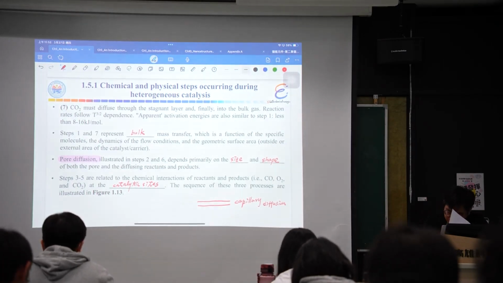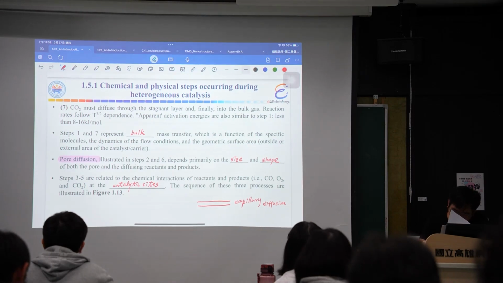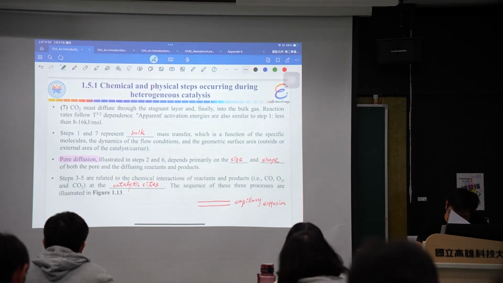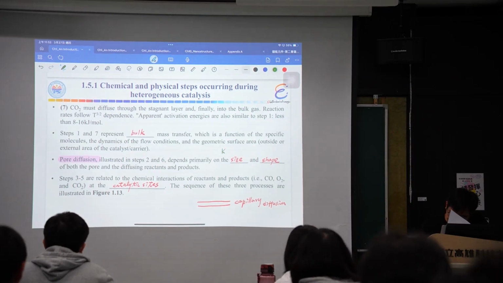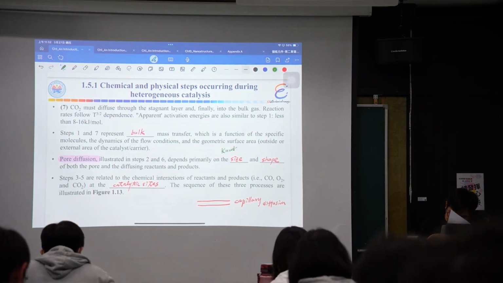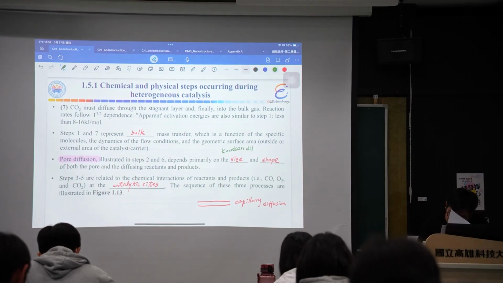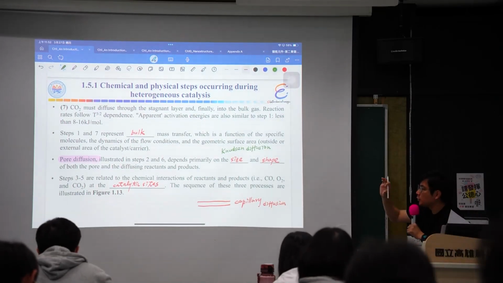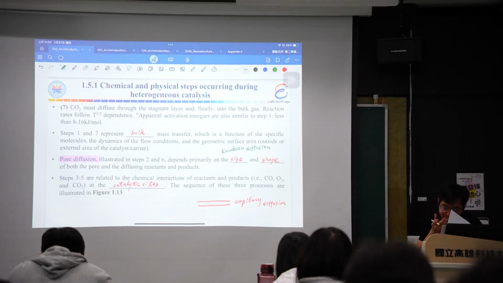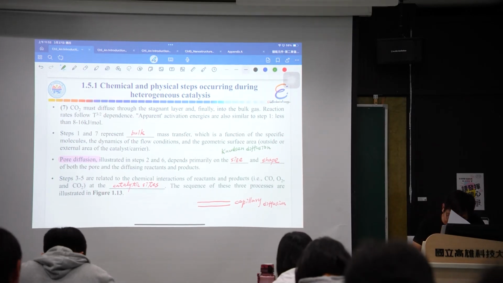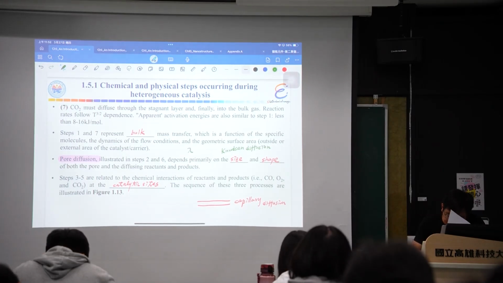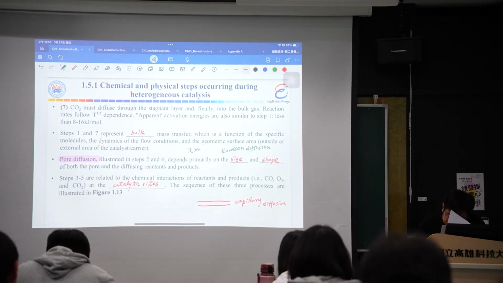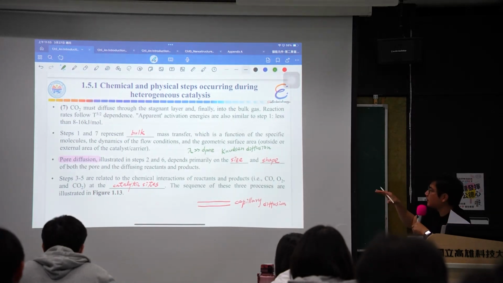Okay, the shape, texture, or the size. Remember, Knudsen diffusion, right? Here, if your mean free path is much higher than the pore size.